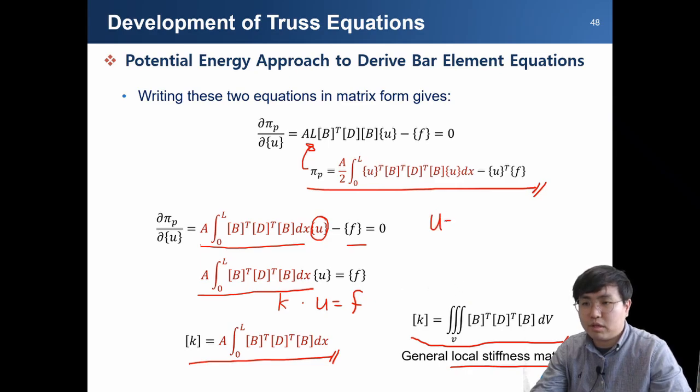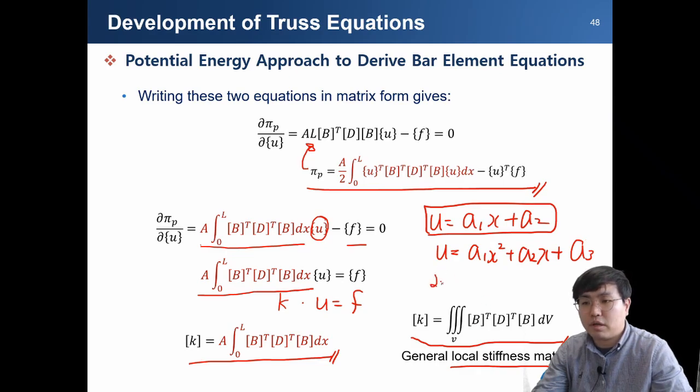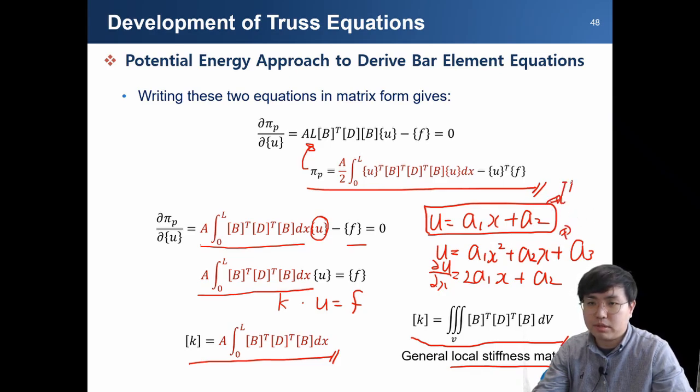In the previous slide we defined our displacement function as a first order polynomial equation. However, if you want to use a second order polynomial equation, this is a1 plus a2x, and here the shape function can be expressed as n1 and n2, u1 and u2.